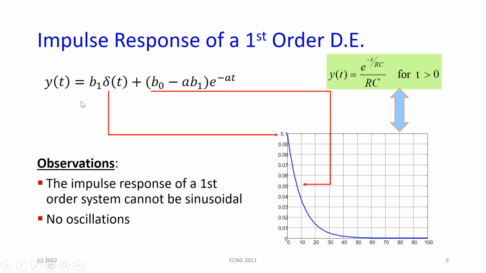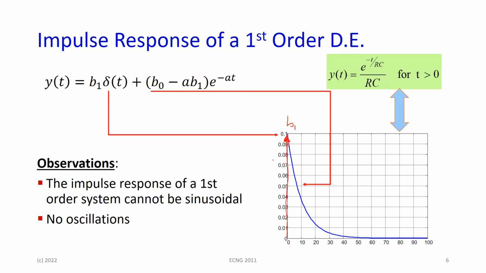So at that point, if you were to look at what the final answer is, if this is my response, if I sketch this now, notice b delta t is some impulse at t equal to 0 of height b1.